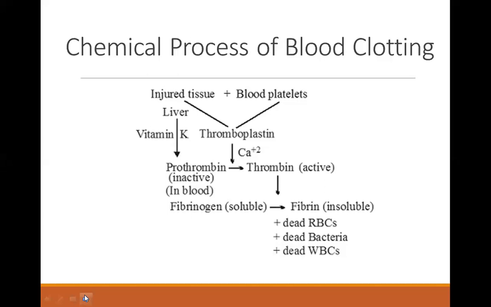So again, to summarize: blood platelets are there, thromboplastin will convert prothrombin into thrombin, then thrombin can convert fibrinogen into fibrin. The insoluble form is fibrin, deposited with RBCs, bacteria, and WBCs.